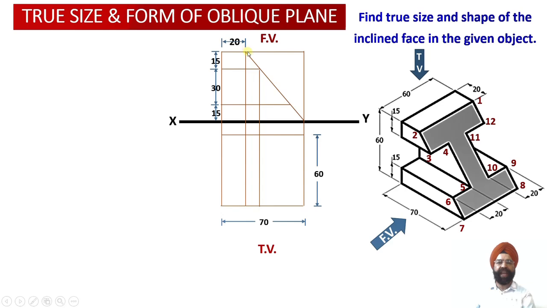So this is my edge view of the inclined section surface. So starting from this point, I have drawn a horizontal line parallel to the XY reference line, or parallel to the base of the solid, and this is the point of intersection.